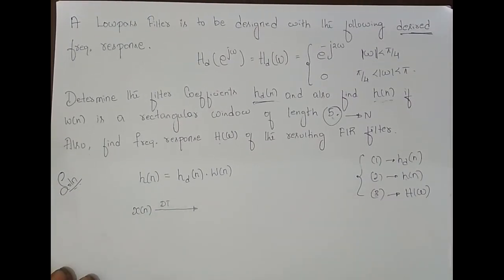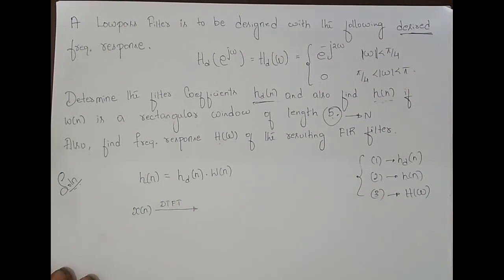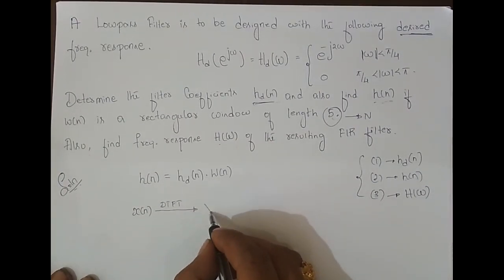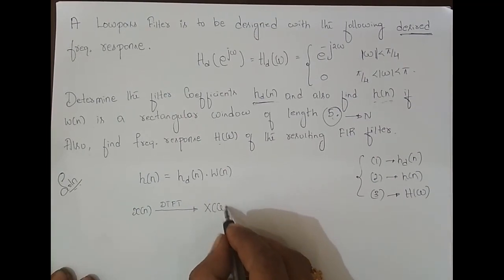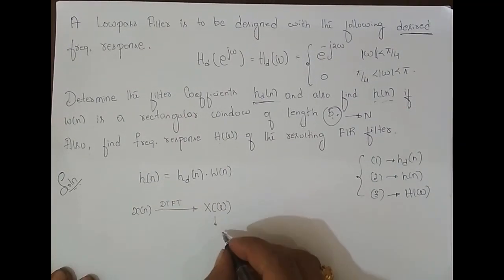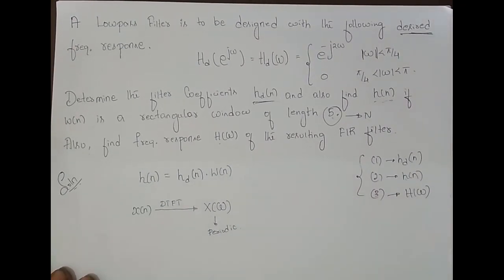Why? Because the signal is discrete time, and it is non-periodic, so I have to take the DTFT. So what do I end up with? I end up with capital X of omega, and this is periodic. Fine.